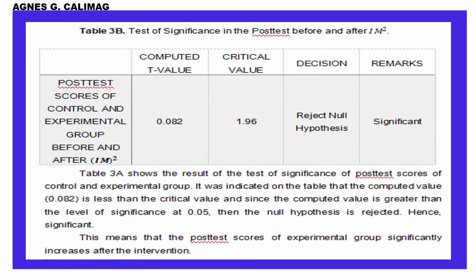Table 3B means that the post-test score of the experimental group significantly increases after the intervention because the computed value is greater than the critical value. Reject the null hypothesis, therefore, it's significant.